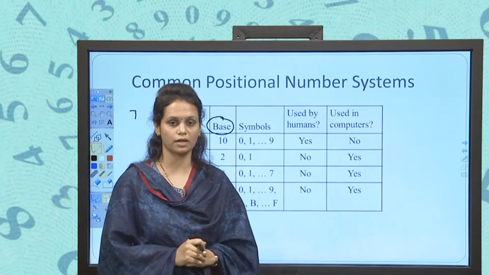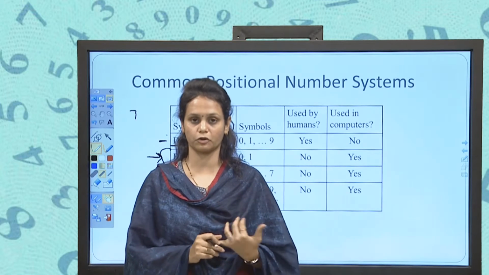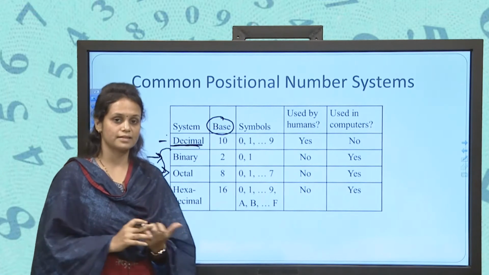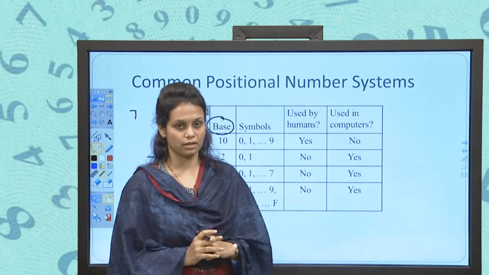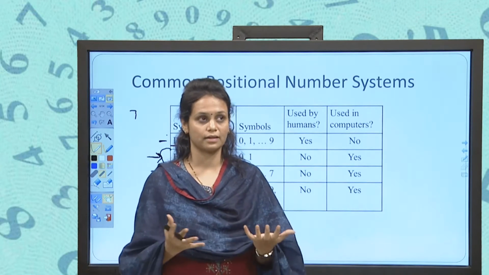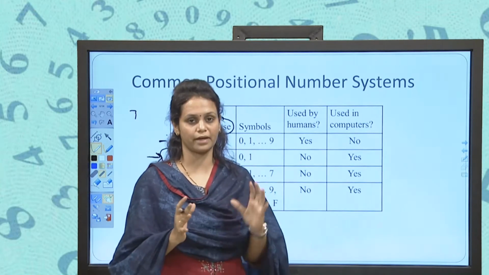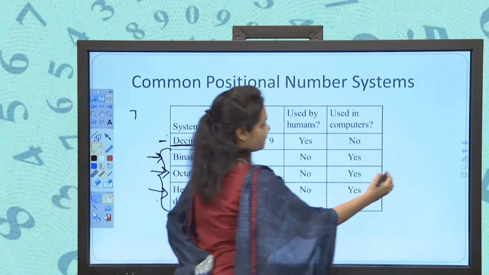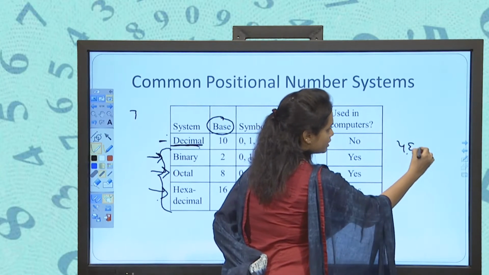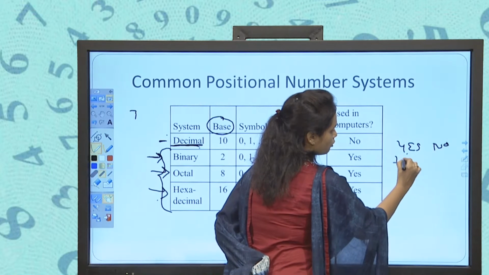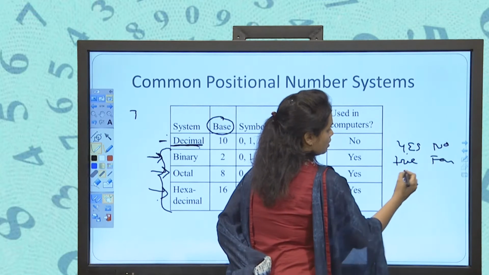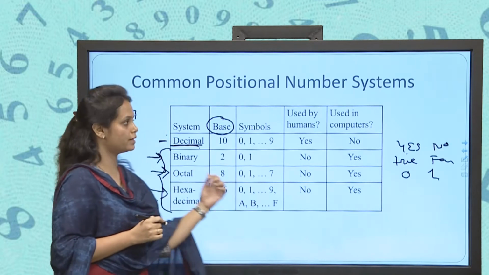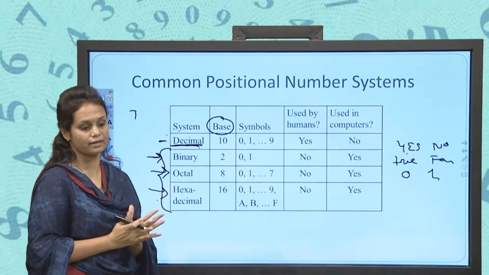But if we are talking about computers or machines or electronic devices, I am again repeating, electronic devices and machines cannot memorize this many symbols. Fine, they are fine with states. Means suppose they are fine with states like yes or no, like true or false, that means like 0 and 1, and that is why they introduced the binary number.